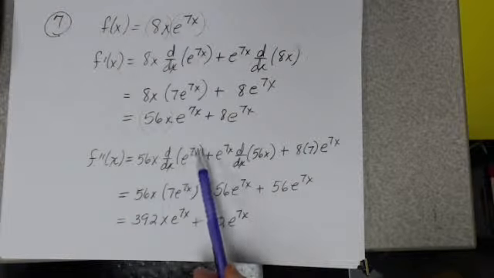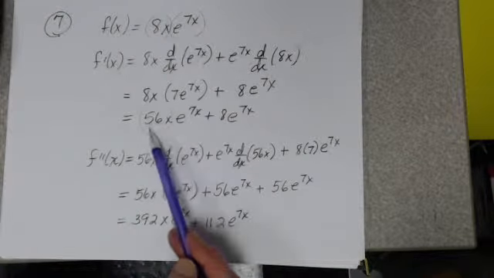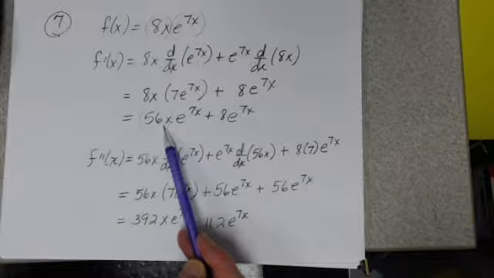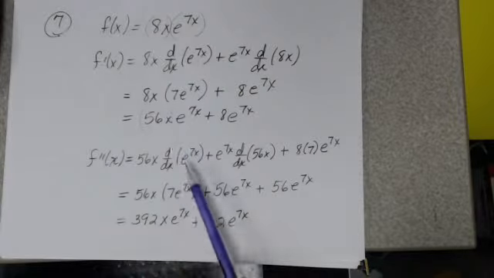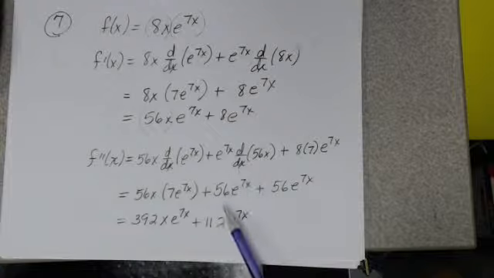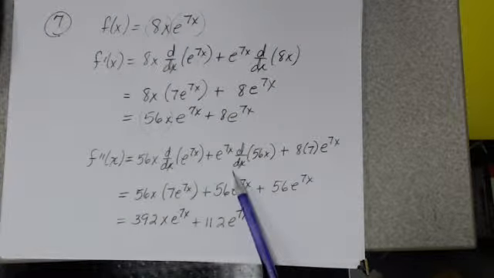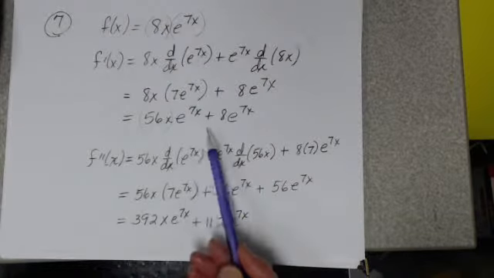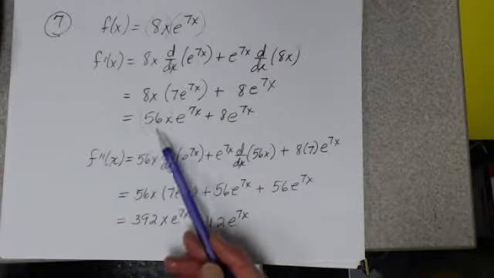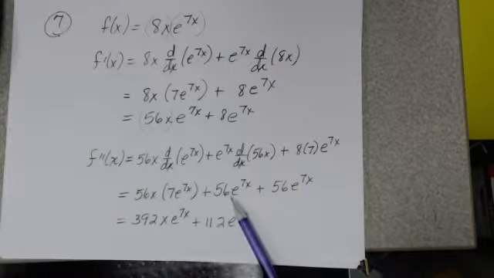I will multiply e to the 7x times the derivative of 56x, which is 56. So I have the derivative from that product rule that I'm using on the term 56x times e to the 7x.